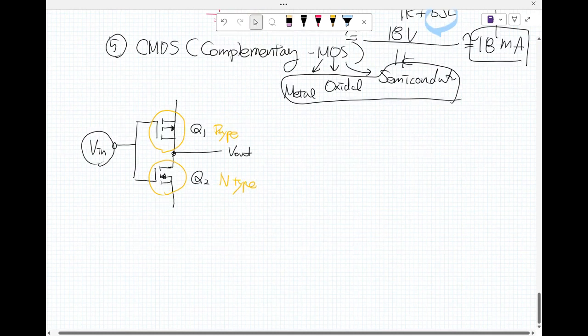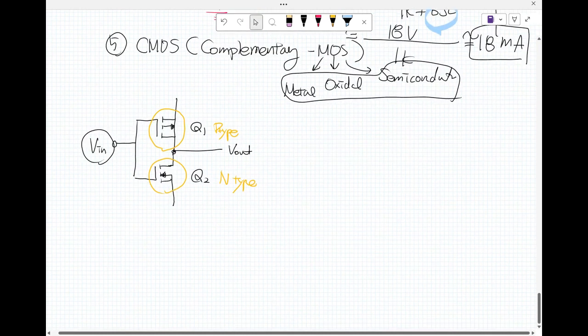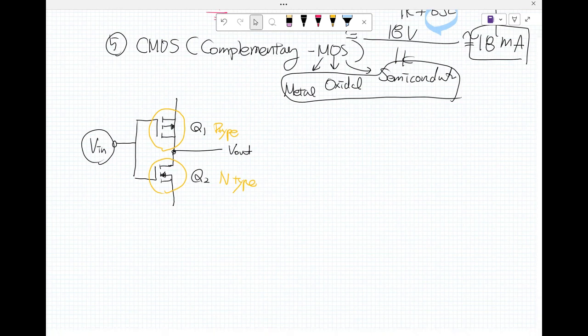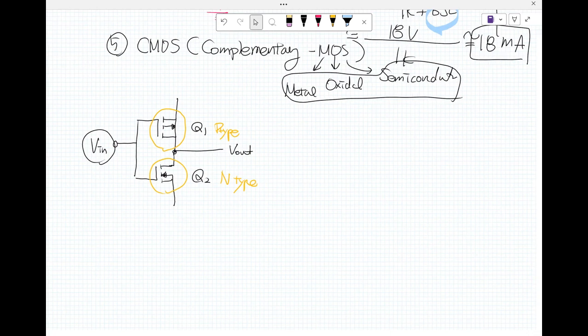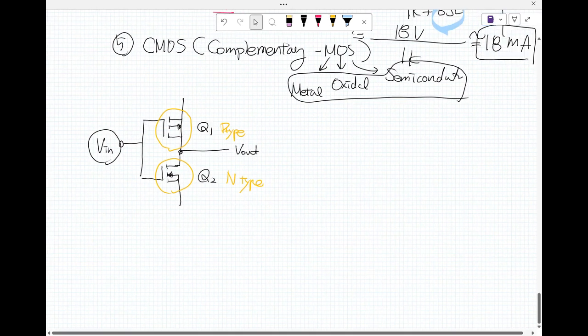All right, so in this circuit, CMOS has the complementary P-type, this is the combination. So for example, it depends on maybe the input voltage.